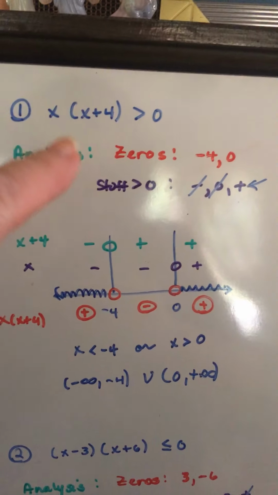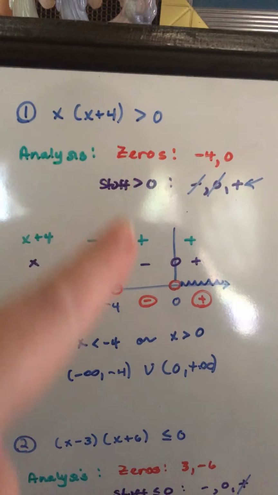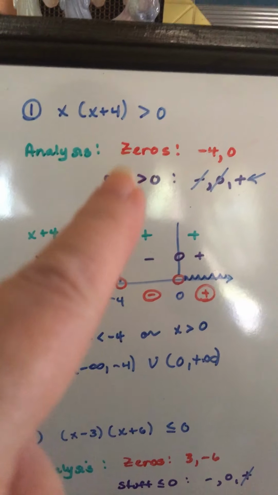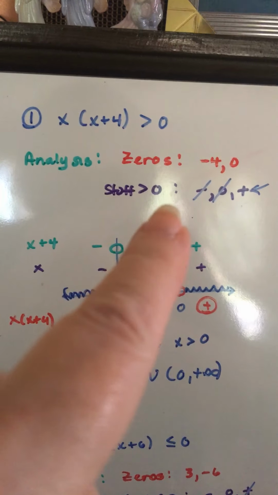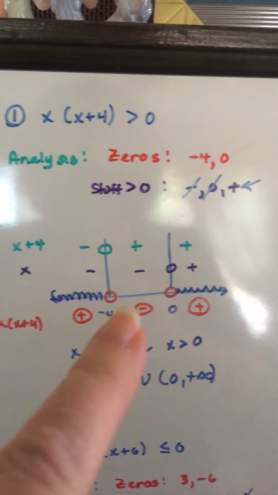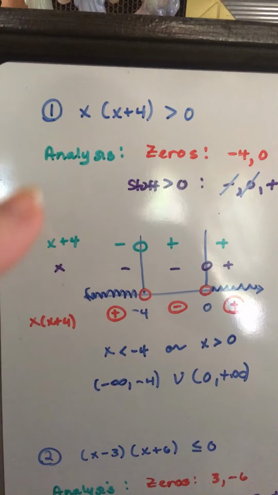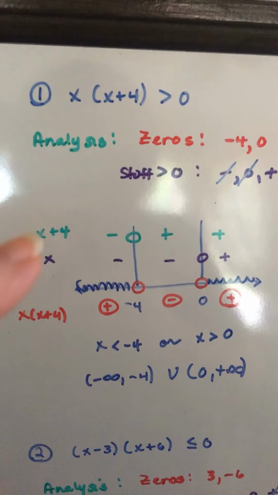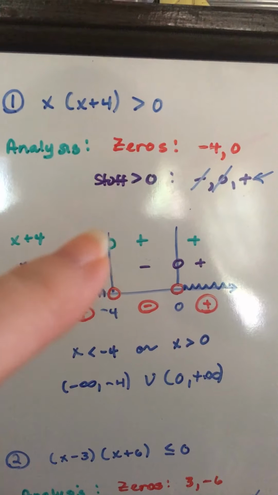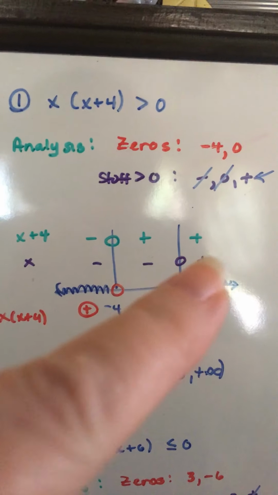We'll analyze what makes it 0: 0 and negative 4. Notice I put them in number line order. I want the stuff greater than 0, so I don't want negative, I don't want 0, I only want positive. I listed my factors in number line order. So x plus 4 is 0 at negative 4, so to the left is negative, the right is positive.